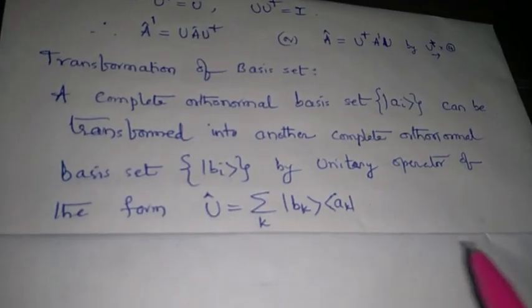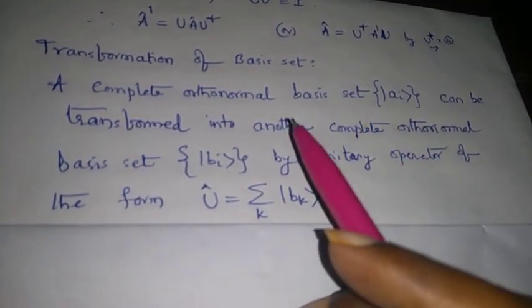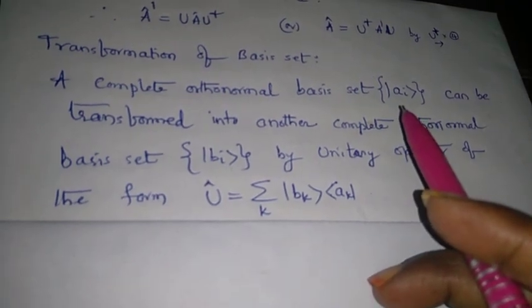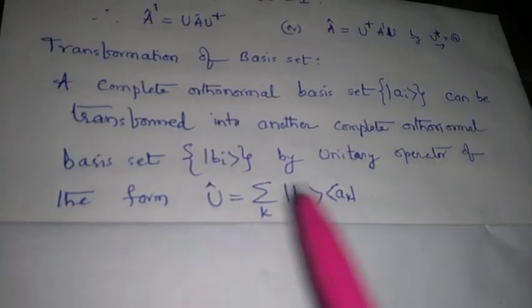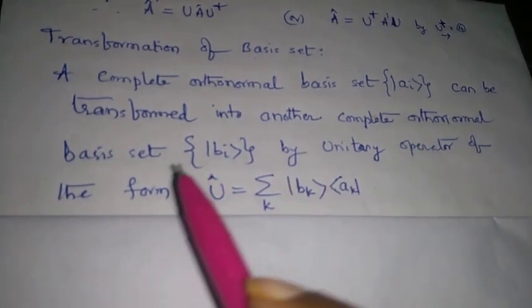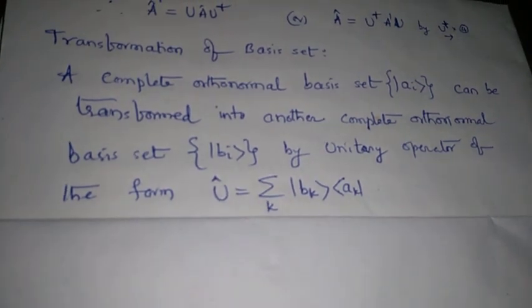And now we try to understand what kind of form for the unitary operator we can give, so that it can transform a basis set into a new basis set. Let us say that we had this old basis set, which is complete and orthonormal, which we are writing as kets a_i, and it is transformed to a new basis set, which is again complete and orthonormal, but this time denoted by kets b_i.